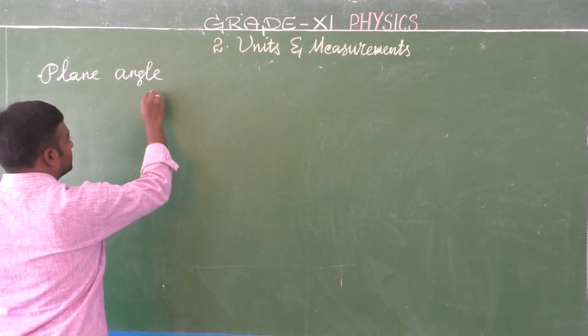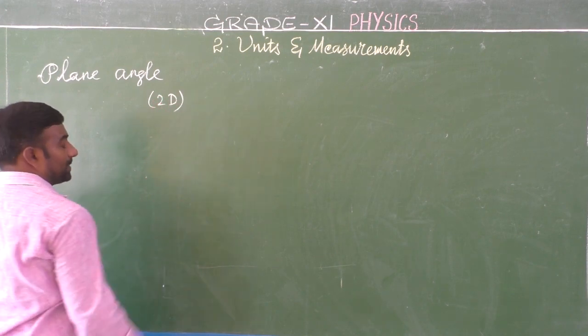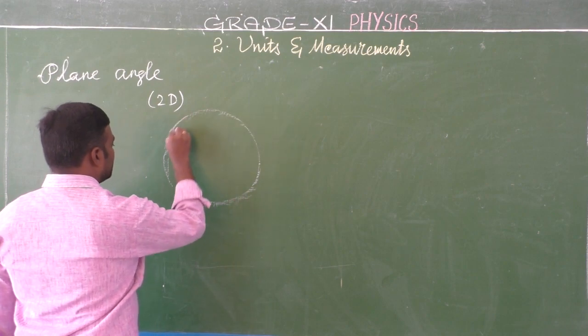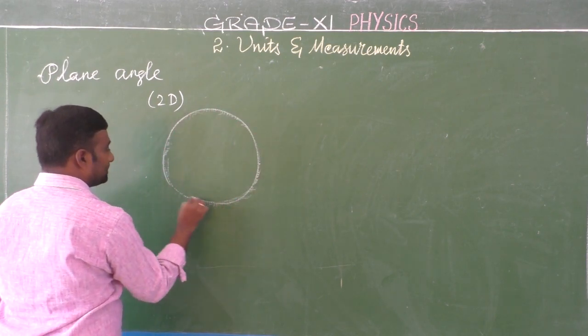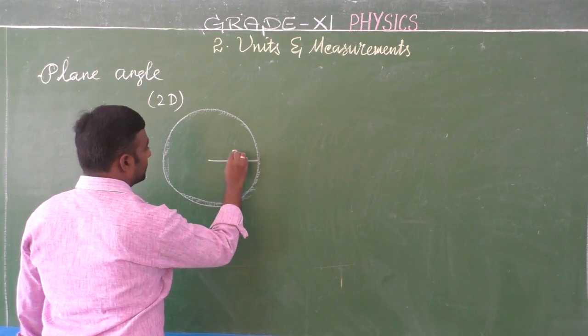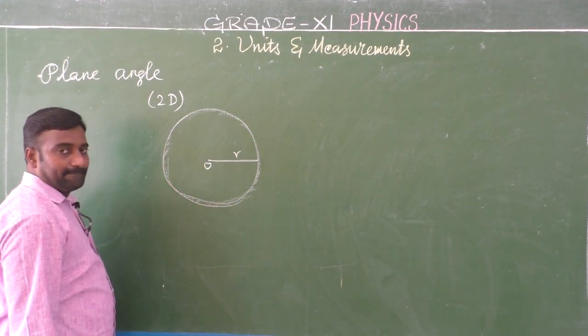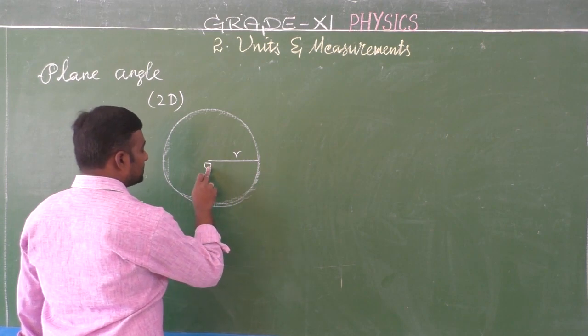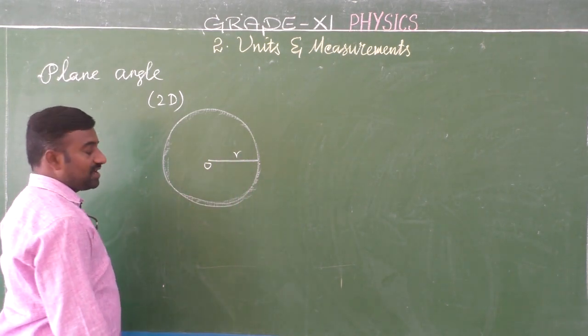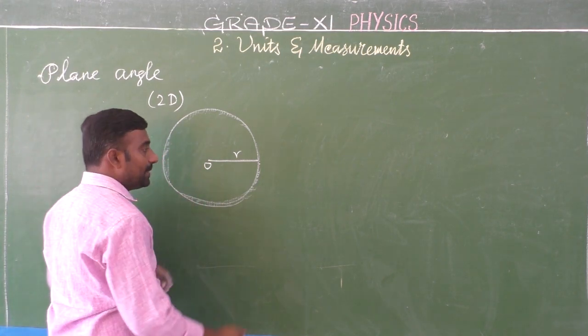Plane angle is mostly applicable for a 2D object. Example, let us take a circular sheet. The circular sheet has the radius r from the center. The radius remains constant throughout the 2D object. So this is a sheet of paper.